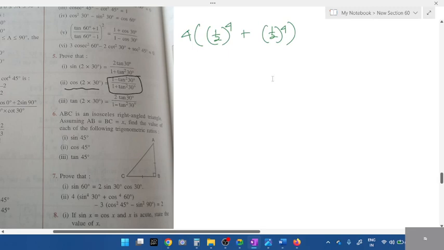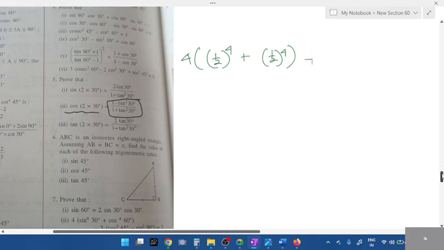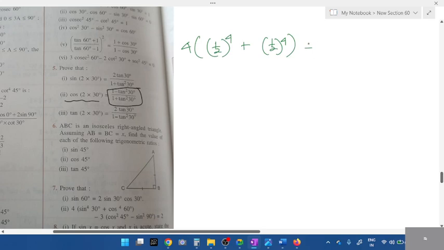The 4 outside is only for the first two values. Minus 3 into 7th main second question. Minus 3 into cos square 45. How much is cos square 45? 1 by root 2 the whole square minus 1 by root 2 the whole square.